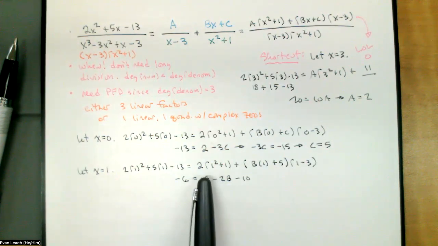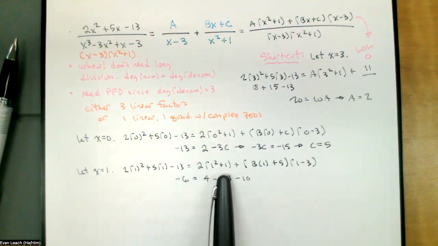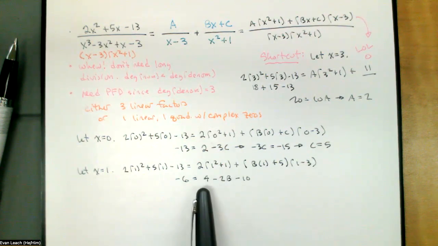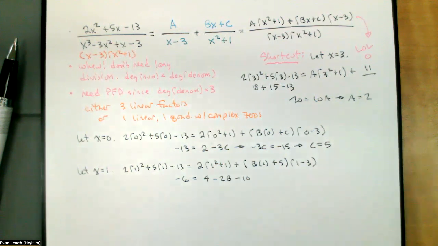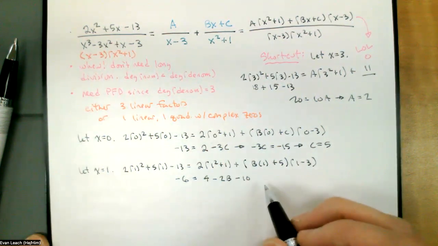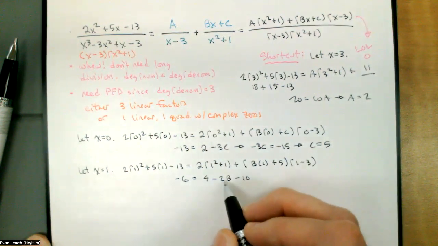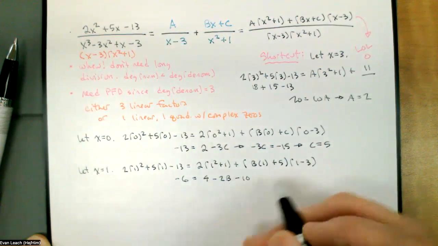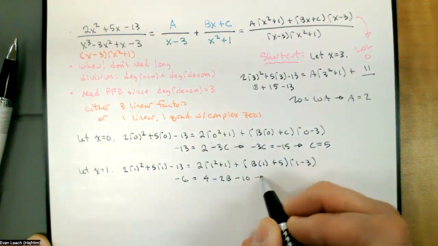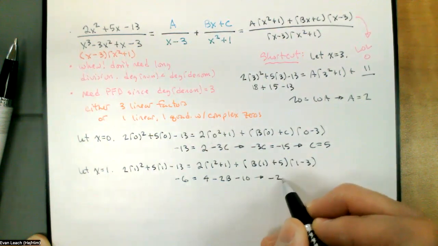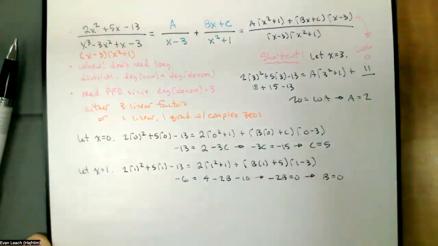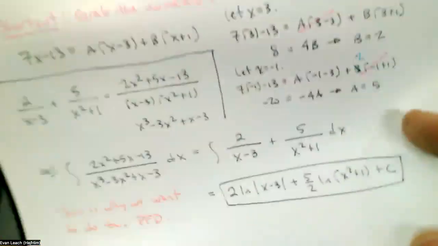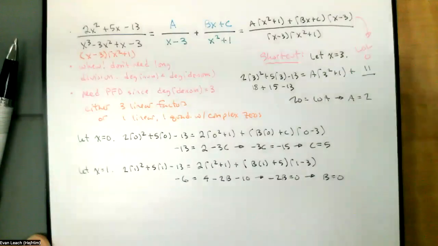This is why I shouldn't do calculations in front of people. So 2, 4. 4 minus 10 is, oh, no, this is fine. It's a -6. That was close. So here we get 4 minus 10 is -6. So we add 6 to both sides. We end up with -2b equals 0. And so b is equal to 0, just as we had foreseen.